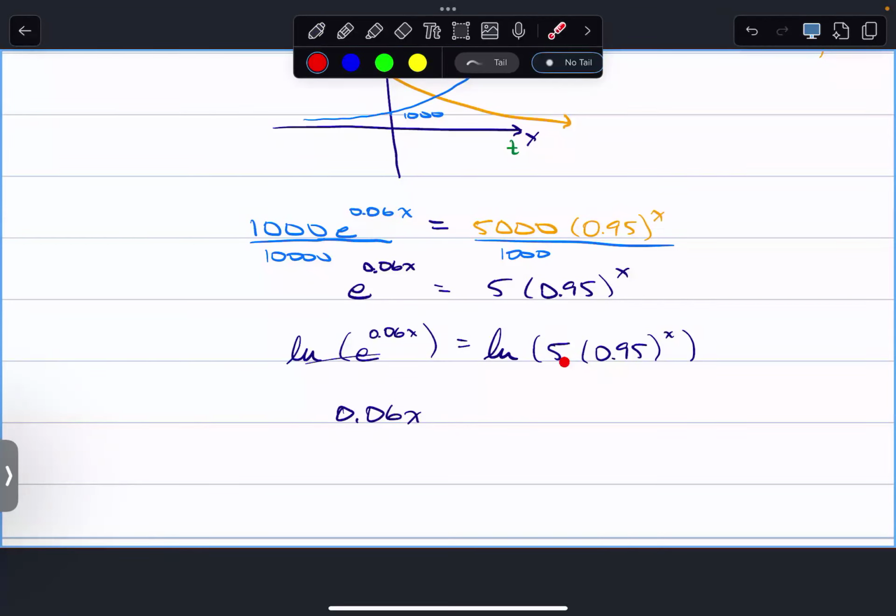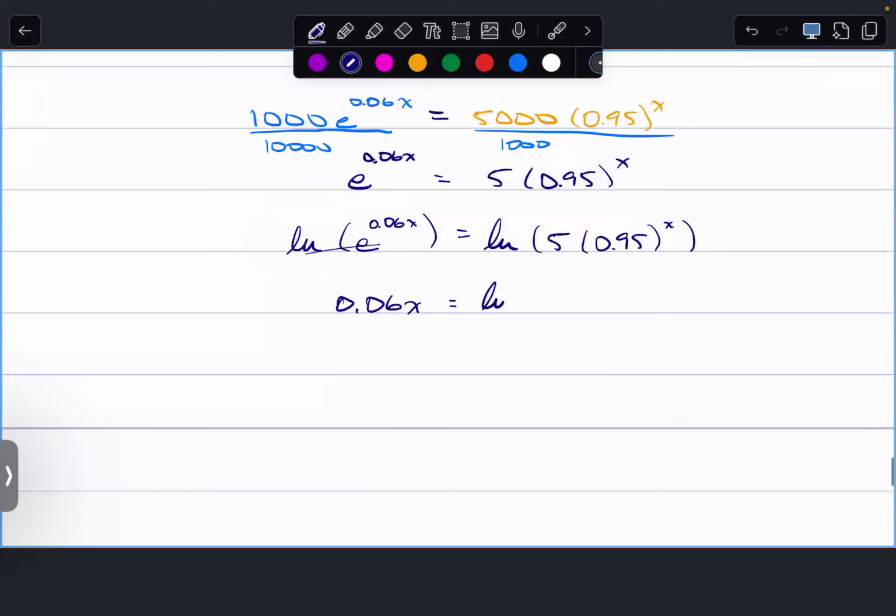So I'm going to split this into two logs because the natural log of 5 is just a number. It's an ugly number, but it is just a number. So I get the natural log of 5, and since I'm multiplying inside, I'm going to add the two logs on the outside, of 0.95 to the x.